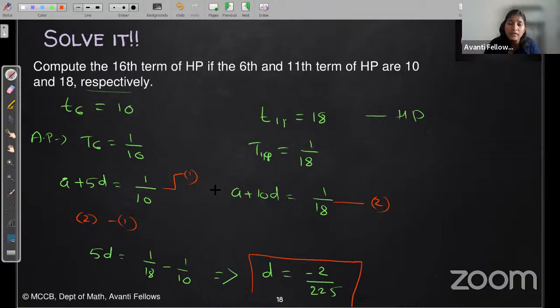We can make use of any of these equations. Just consider equation 1 and substitute this D value there, and we will get the value of A. So let's do it. We know A plus 5D is equal to 1 by 10.